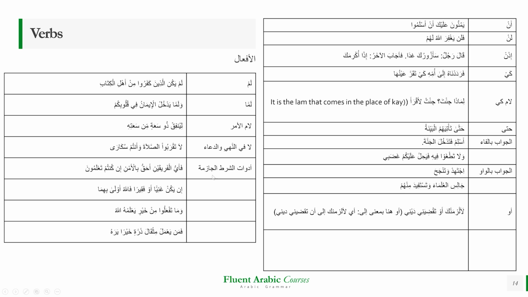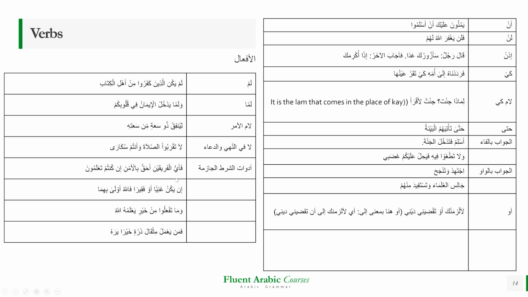أدوات الشرط الجازمة. فأي الفريقين أحق بالأمن إن كنتم تعلمون. The conditional particles which give the state of jazm. These are ayyu, in, wama, and men.